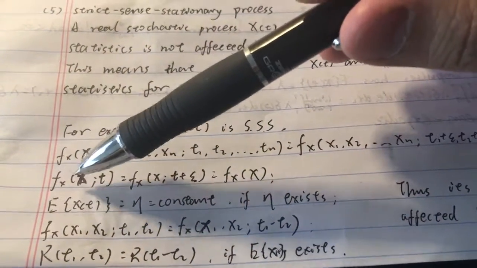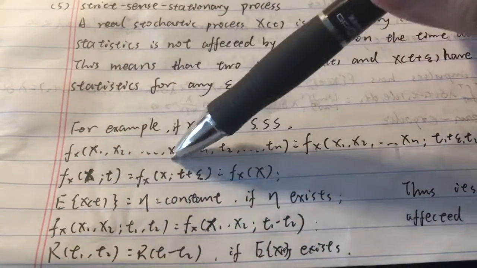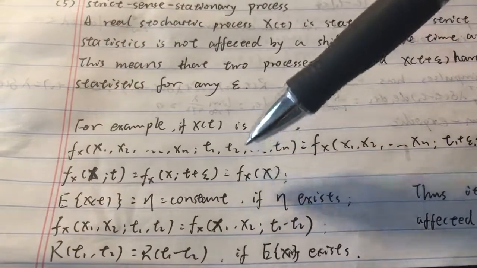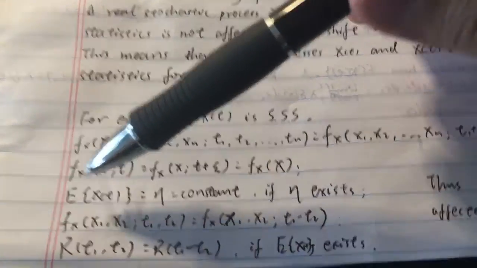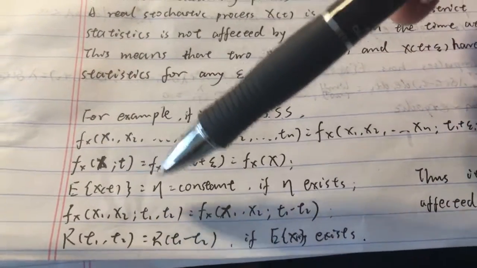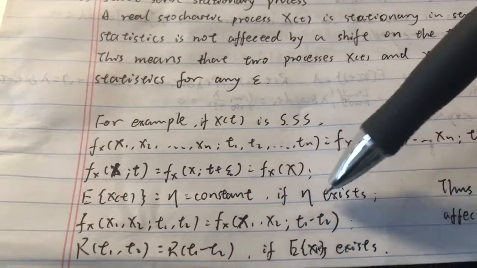The density function of x(t) equals this, and it also equals the density function of x. The expected value is a constant if it exists.